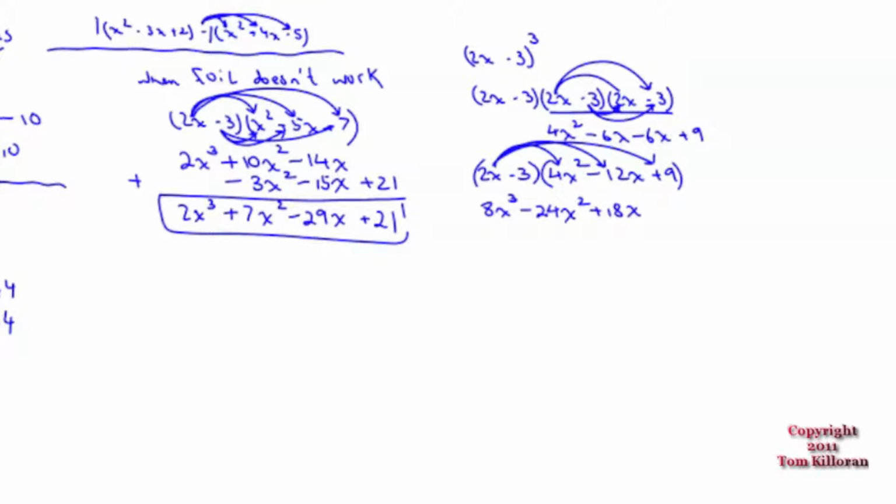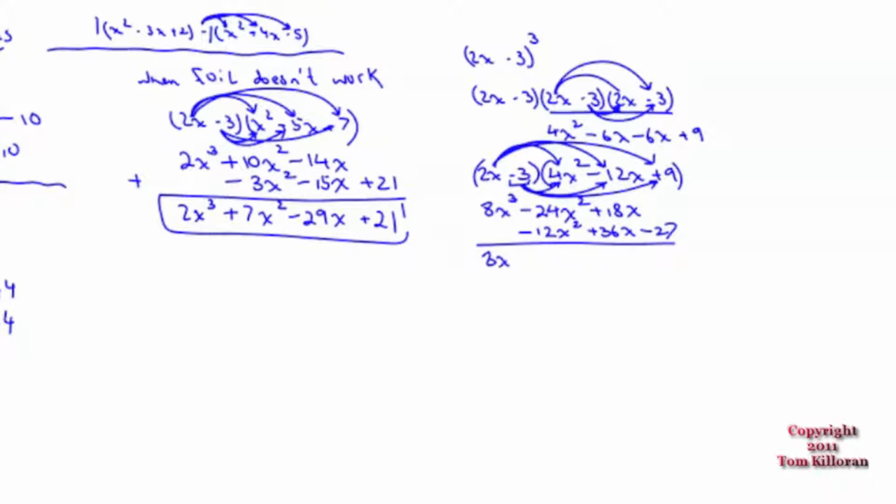And then we're done with the 2x. And we work on the negative 3. Negative 3 times positive 4x squared. Negative 12x squared. Negative 3 times negative 12x. Positive 36x. And negative 3 times positive 9. Negative 27. And add them all together.